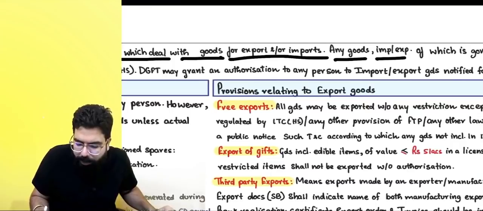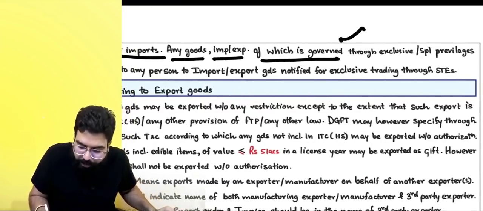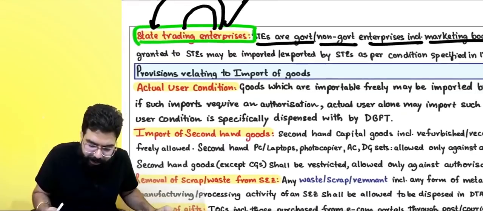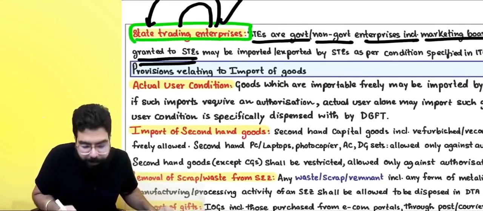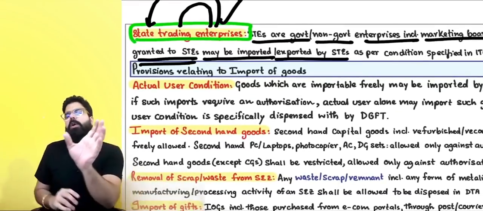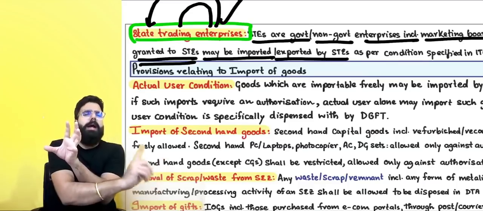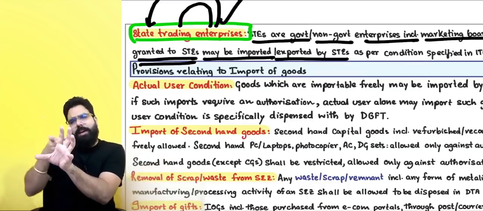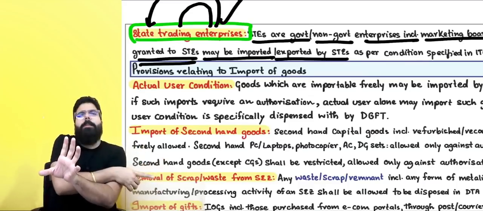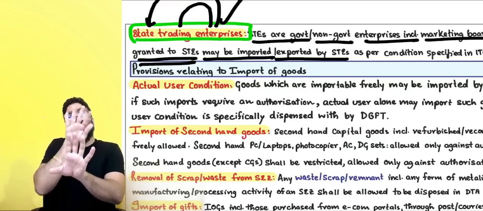Any goods whose import or export is governed through exclusive or special privileges granted to a state trading enterprise may be imported or exported by the state trading enterprise only. Government will set up one state trading enterprise and tell that whenever in India anyone is importing petrol, first it has to come through the state trading enterprise only.